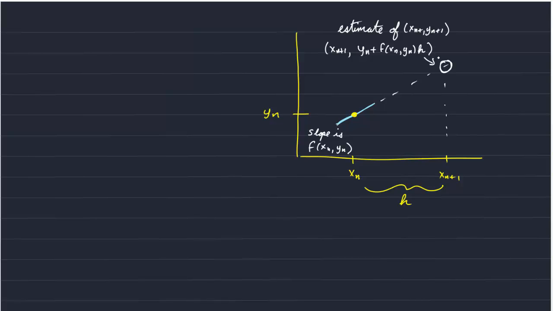So that's that location. And then from there we can evaluate the slope at that point, and I'll sketch it like this, for example. And the slope is f evaluated at this location.